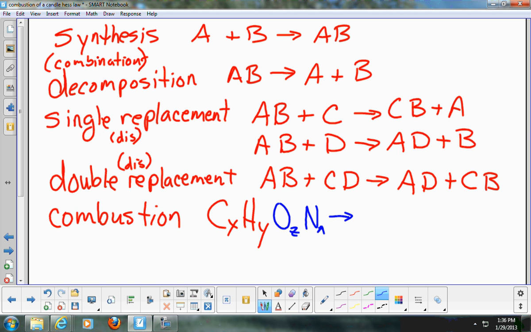They don't have to be there. That's why they're sort of other colors. Plus oxygen, giving me CO2 and water.